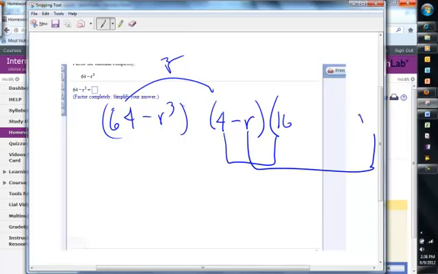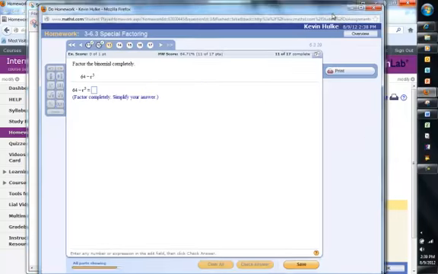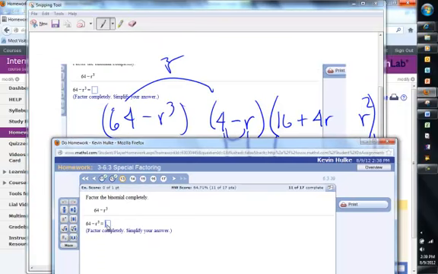This squared at the end, which is r squared. And the middle term is this times this, 4r. So our factored form is 4 minus r, 16 plus 4r plus r squared. Parentheses, 4 minus r, parentheses, 16 plus 4r plus r squared.